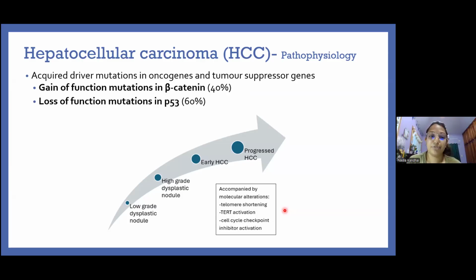The alterations found have been telomere shortening, TERT activation, and cell cycle checkpoint inhibitor activation. The TERT promoter mutation is actually the most important event noted in hepatocellular carcinoma progression. There are also acquired driver mutations, such as gain of function mutations in beta-catenin and loss of function mutations in p53.